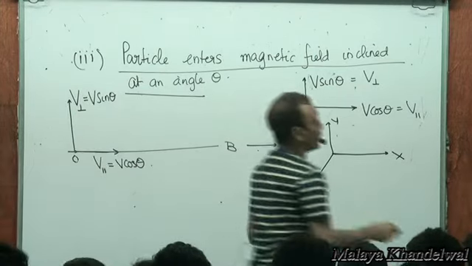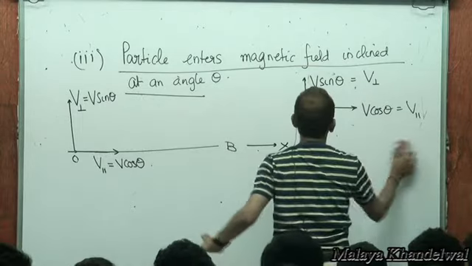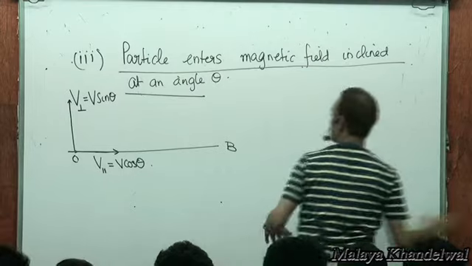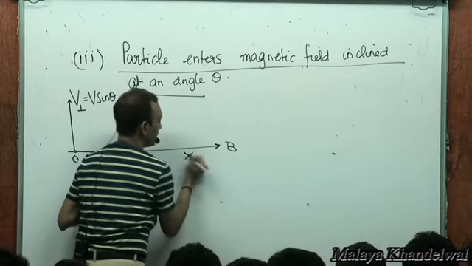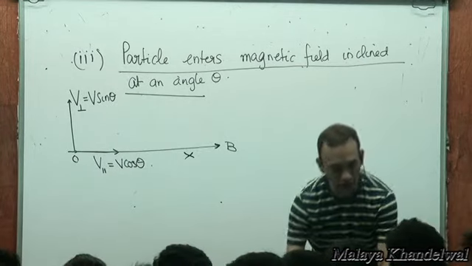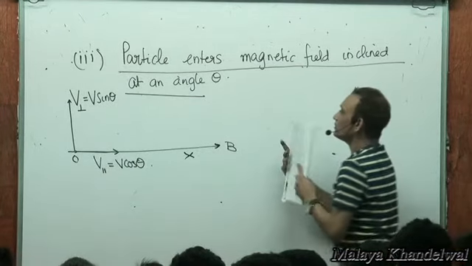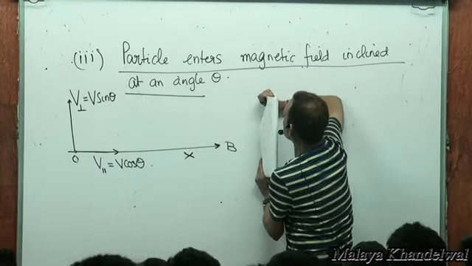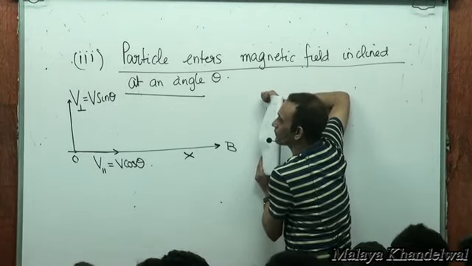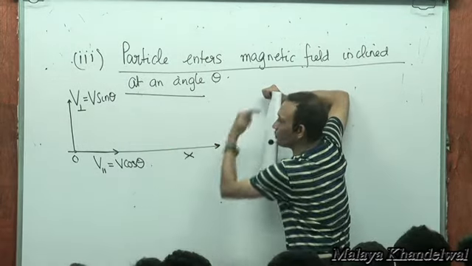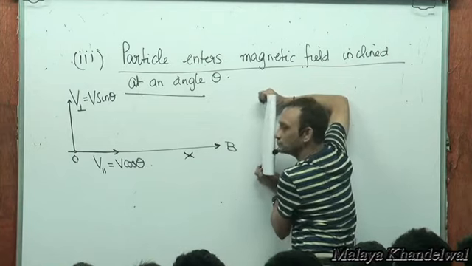Now, no matter what, say this is the x direction, where the B lines are. Suppose this was a plane on which I project the motion of the charged particle, charge q mass m, on this fixed plane.